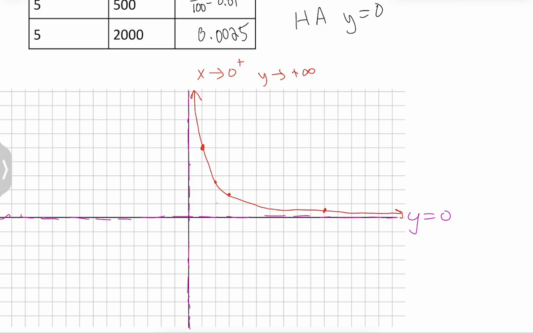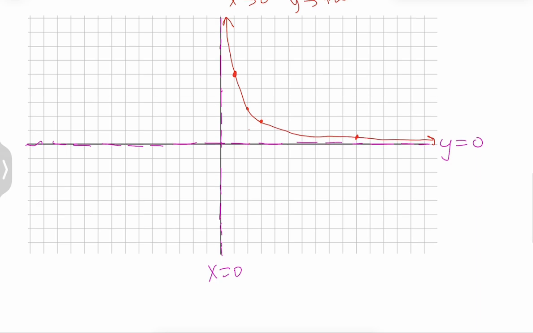But for math purposes, I do want to plug in negatives. Again, the negative portion isn't really in the domain of a real life problem like this. But if you plug in -1, we would be at -5. If we plug in -2, we'd be at -2.5.